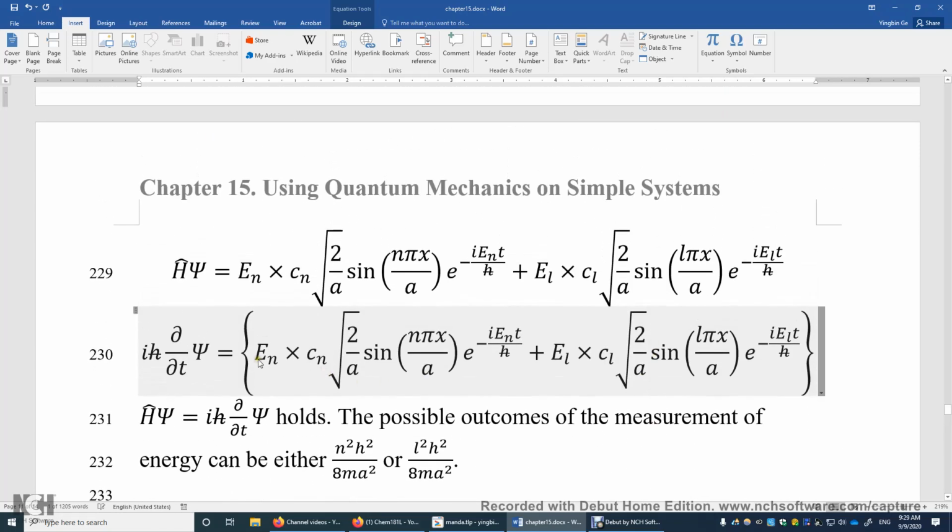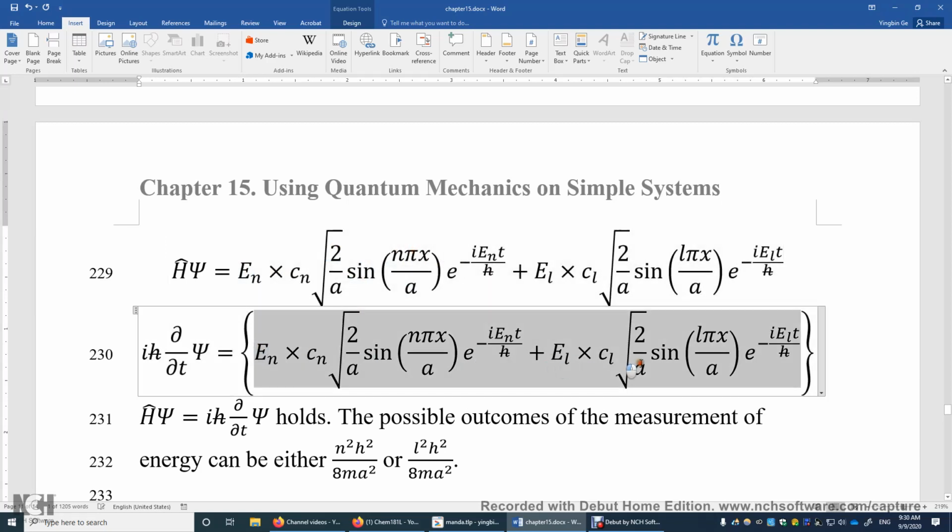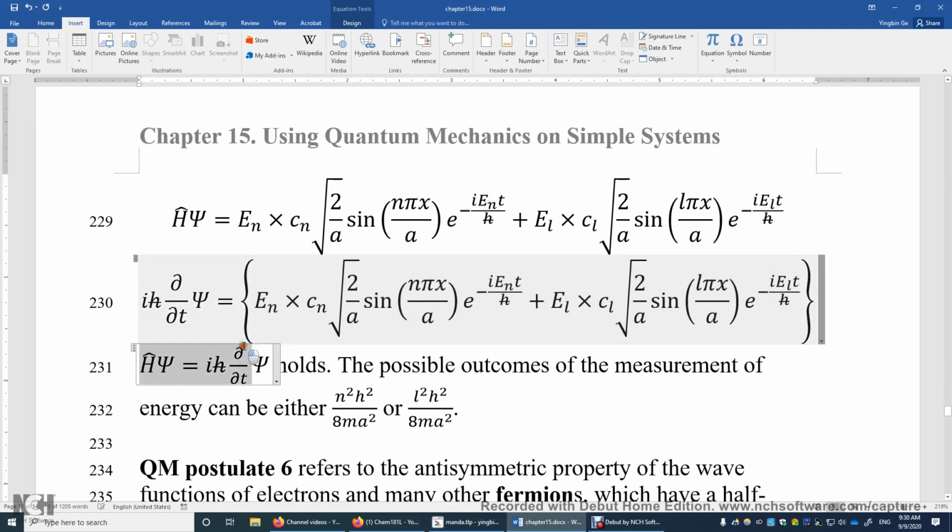Alright, so again, you get E sub n times the first term in the wave function, and E sub L times the second term in the original wave function. Now you compare this expression with this expression. They are exactly the same. So this time-dependent Schrodinger equation holds true.